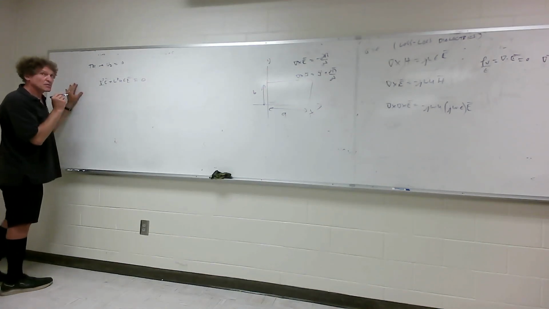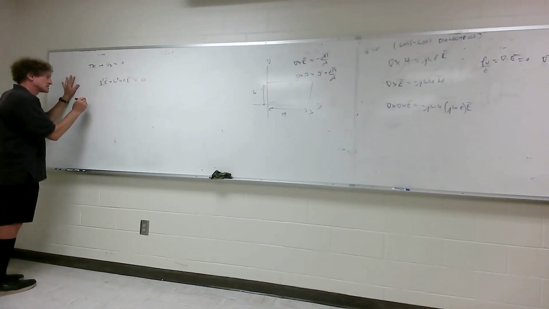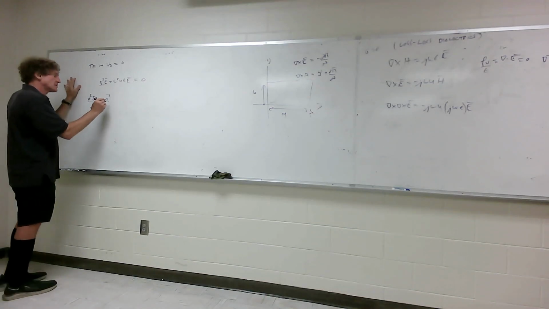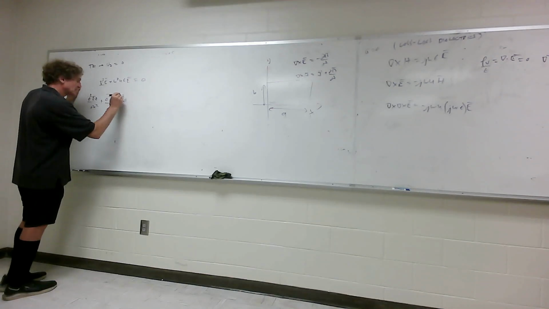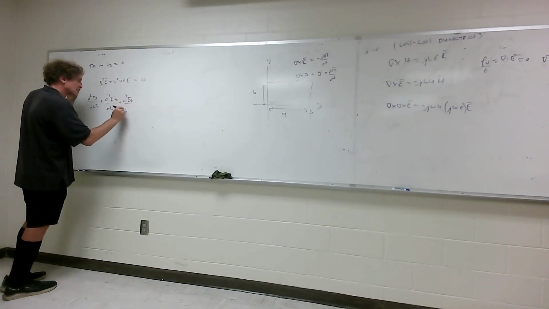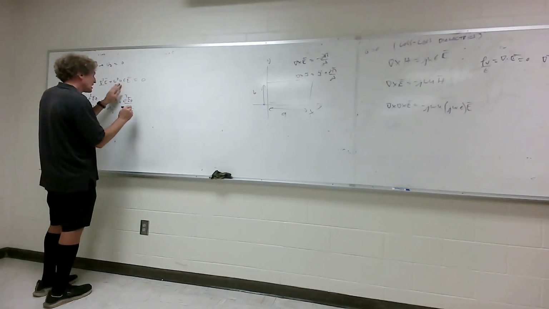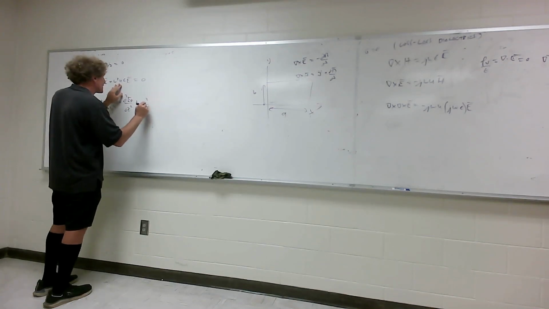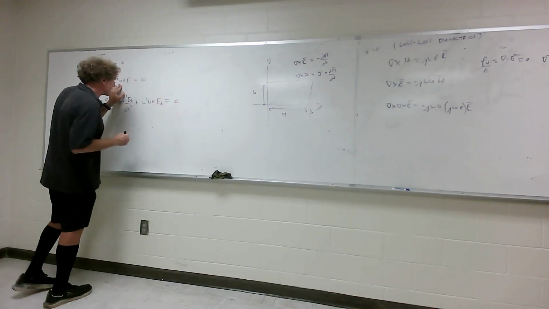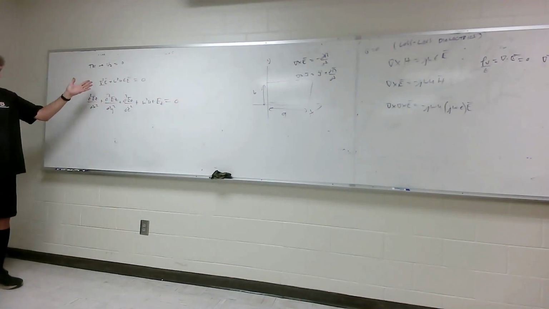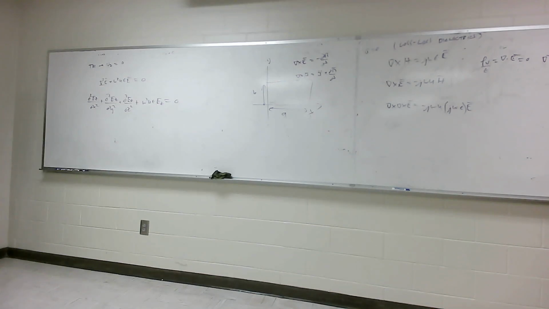So for Ez, I have only an Ez component, and that del squared becomes the second derivative of Ez with respect to X squared plus the second derivative of Ez with respect to Y squared plus the second derivative of Ez with respect to Z squared plus omega squared mu epsilon Ez equals 0. Now, I'm only looking at the del squared operation operating on Ez, but it is unique in the fact that Hz is 0.